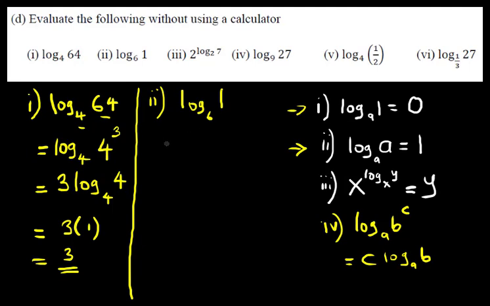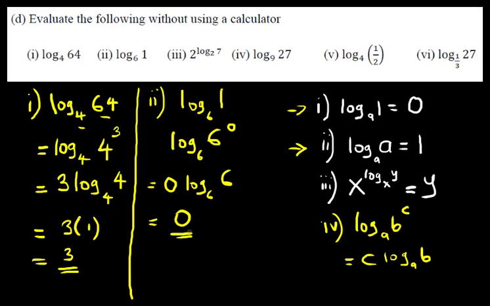So we can rewrite it as log 6 of 6 raised to the power 0. Then the power is going to drop, so we'll have 0 times log 6 of 6. So 0 multiplied by log 6 of 6 is simply going to give us 0. So that's our answer.